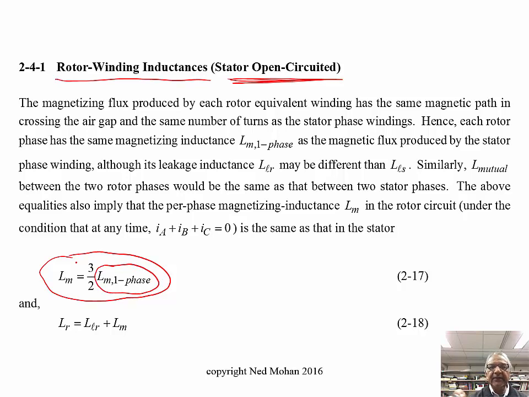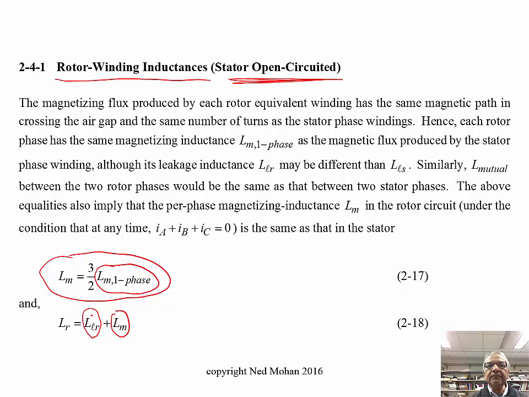The only difference is that the leakage inductances may be different. So when we define the self-inductance of the rotor phase, we'll talk about the leakage inductance of the rotor, L sub Lr. That may be different than L sub Ls, but L sub M is the same.